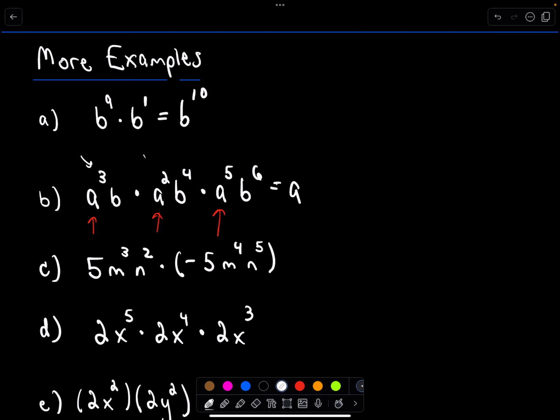So I'm going to add a 3, a 2, and a 5. So 3 plus 2 is 5 plus another 5. That's going to give me a to the 10th. And then I'm going to do the same thing with b's. I've got a b to the 1st, a b to the 4th, a b to the 6th. 1 plus 4 is 5, plus 6 is 11. So I'm going to get a to the 10th times b to the 11th.